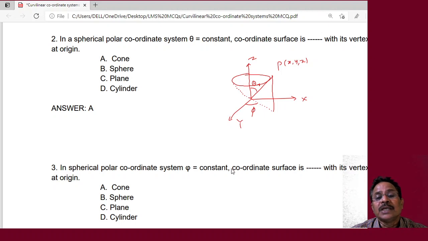So for theta equal to constant, we get this type of cone as shown in the diagram, and therefore from the given options, the coordinate surface is a cone with its vertex at origin, and that's why option A is the correct option for this question number 2. So you can understand how to draw an XYZ coordinate system, how to draw this r theta phi coordinate system, and how to go for different coordinate surfaces. Here theta equal to constant is a cone.